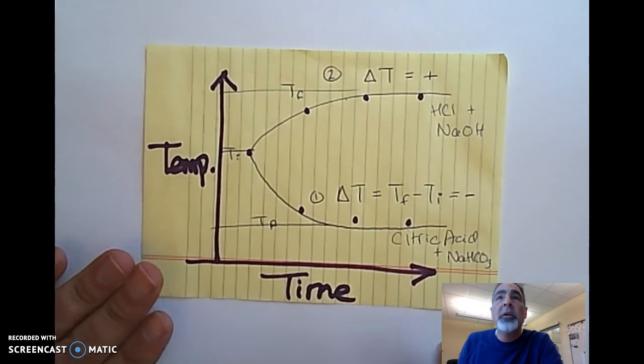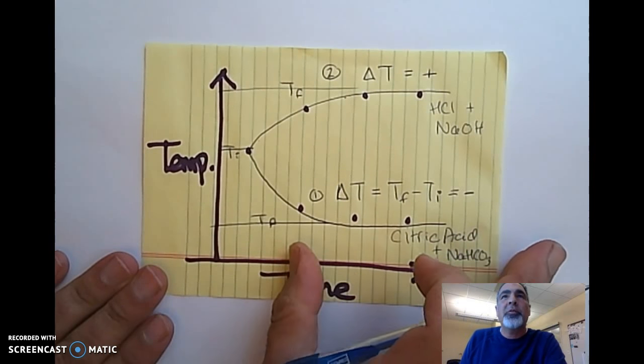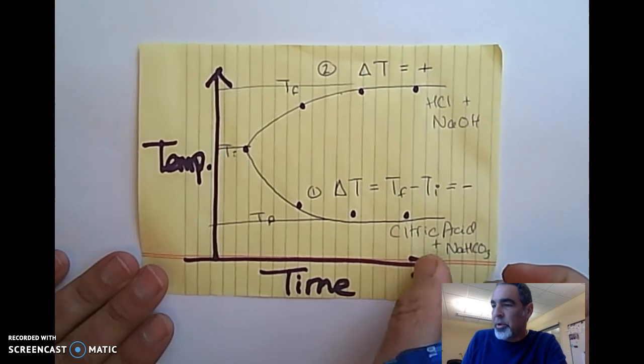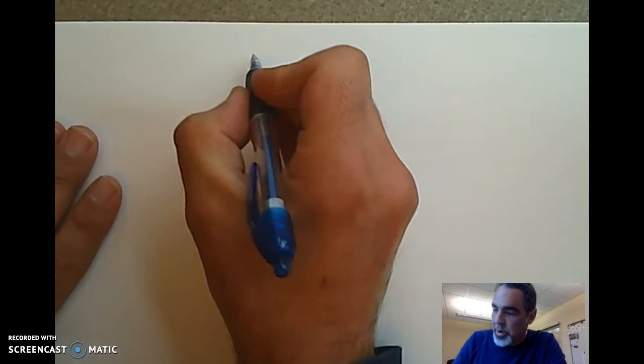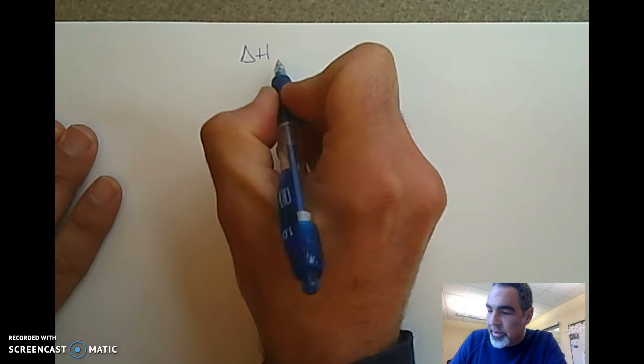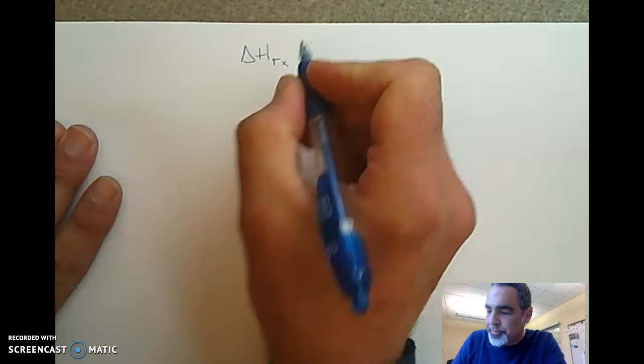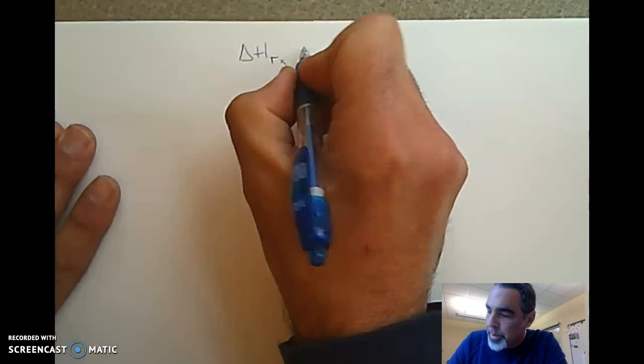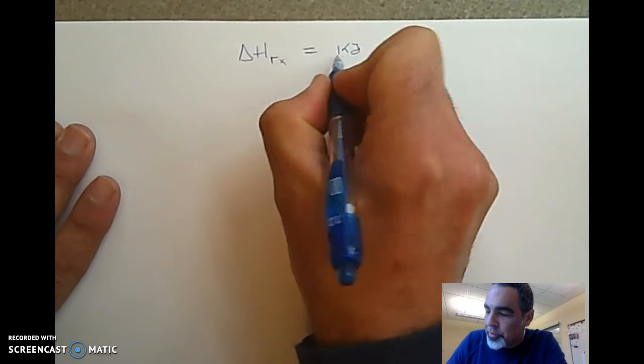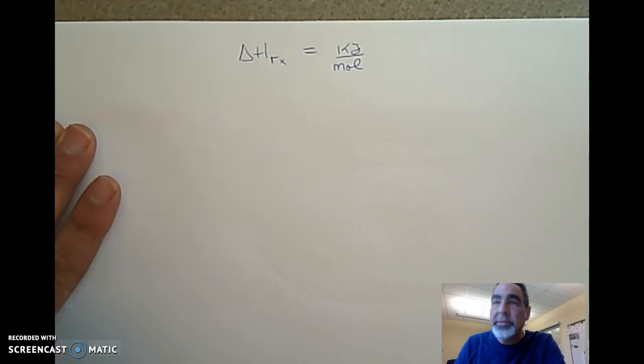Let's pick the first chemical reaction we did, citric acid and sodium bicarbonate. Ultimately we want to figure out the delta H of reaction, and this value will be in kilojoules per mole of reactant.